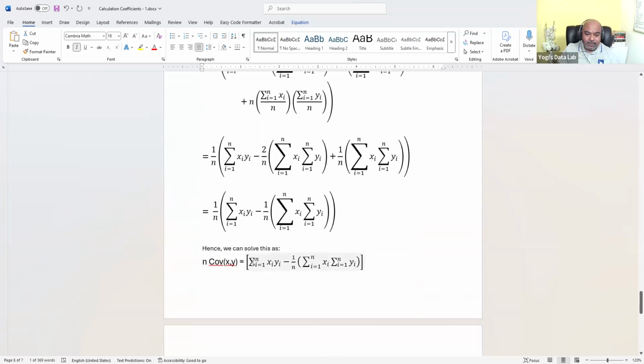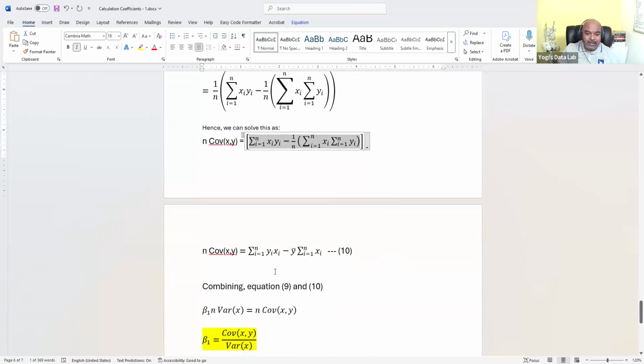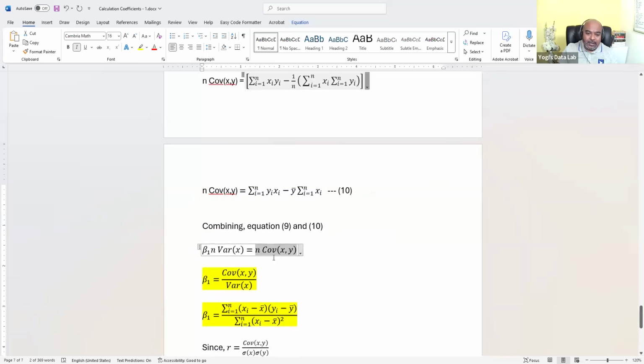So this is the same equation that you are getting here. So I can say that the left hand side, which was beta 1 n times variance of x, is equal to n times covariance of x and y. So n gets cancelled out and beta 1 becomes covariance of x comma y divided by variance of x.